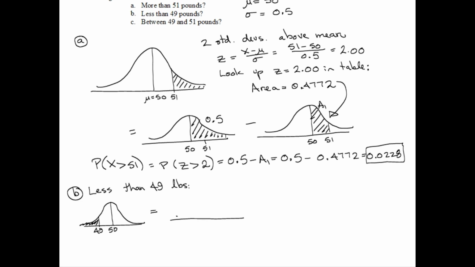We do not have areas of that shape in our table. So what we're going to do is notice that if I just look at half the curve, everything from 50 to the left, that's 0.5. And then we're going to subtract off the area between 49 and the mean. In other words, this area.